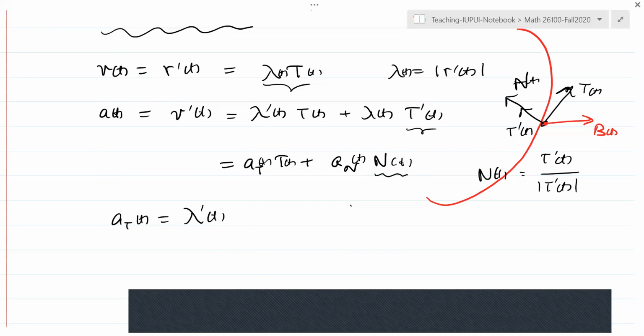It's possible. But we want to express the acceleration in terms of t and n, because the velocity vector is always proportional to the unit tangent vector.